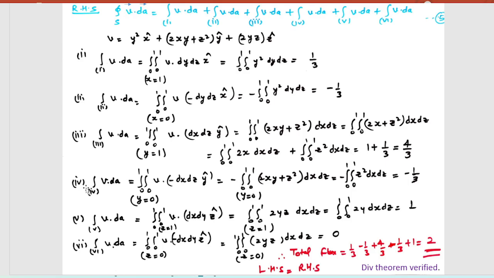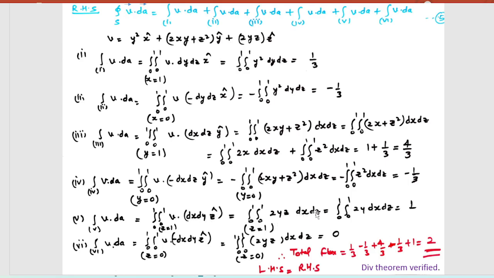Similarly the fourth vector is in minus y direction. So in this case minus dx dz b, it will give us value minus 1 by 3. Similarly for the top face positive z direction, z cap, dx dy will be the area vector. So b dot dx dy z cap. So only z cap, this will give us 2yz will be 1, other things will give us 0.